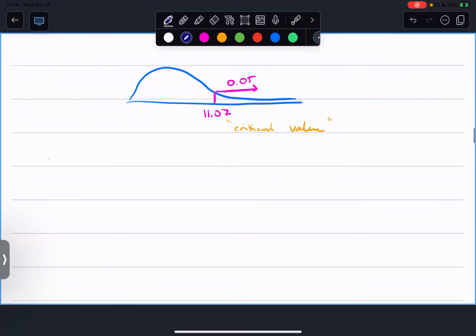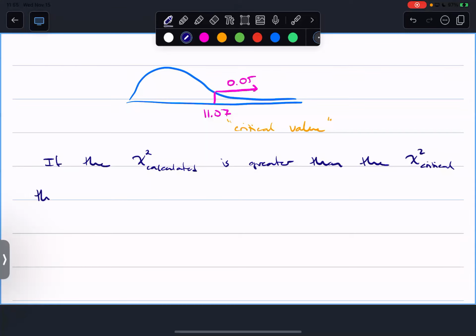So then, if the chi-squared, and I'm going to write a little calculated underneath to emphasize that that's the one that you calculated, is greater than the chi-squared critical, and that value is from the table, then you have enough evidence to reject H naught.